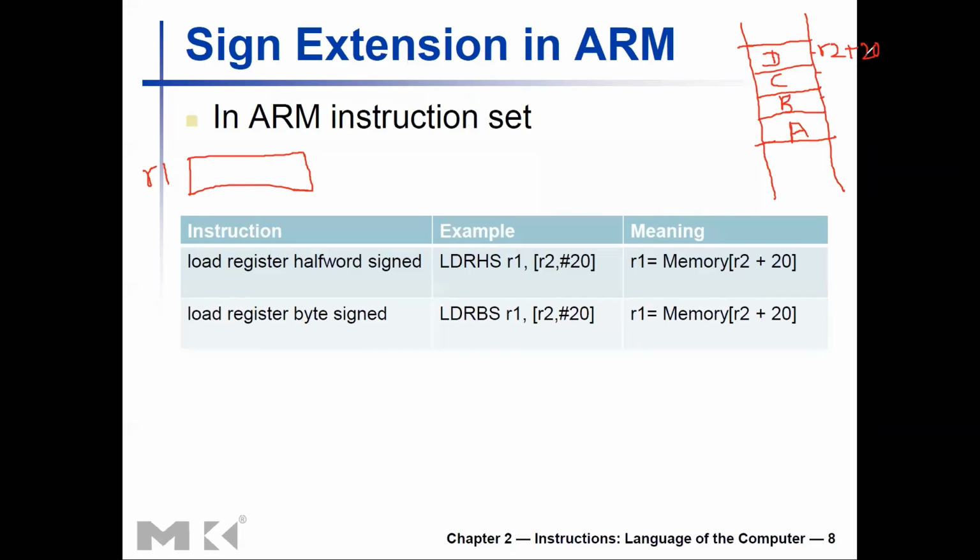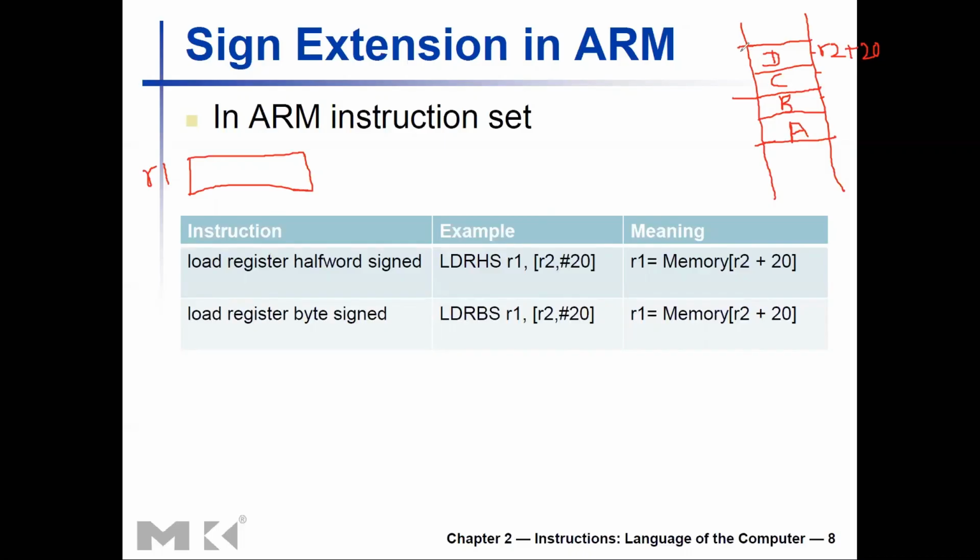So when you say LDR R2 plus 20, it will be taking the full word in the memory and placing it here. And if it is LDRHS, it will be taking only one half word. Half word is 16 bits, and it is 2 bytes, of course.